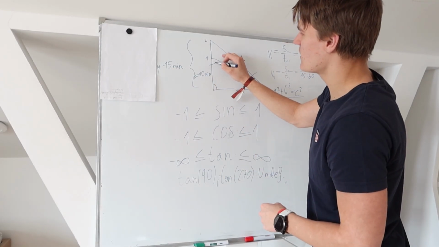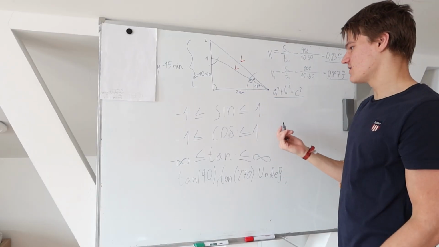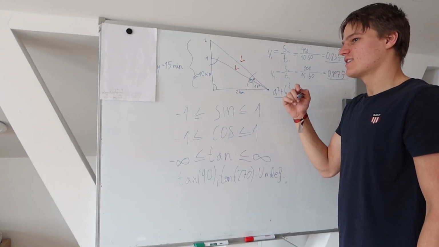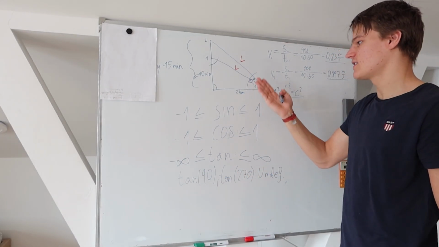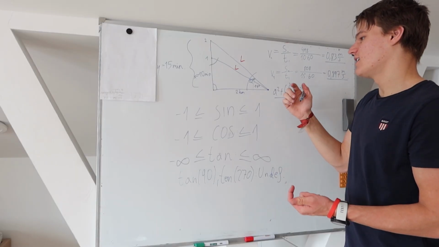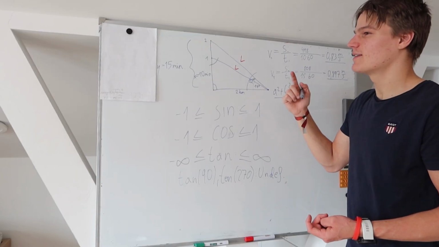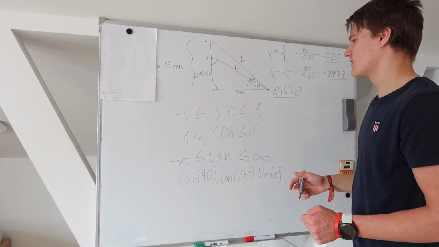We can say that this angle has to be 90 minus 14 because it's a triangle, and the sum of all angles is 180 degrees. We have 90, so 180 minus 90, and then minus 90 minus 14, and that is this angle right here.